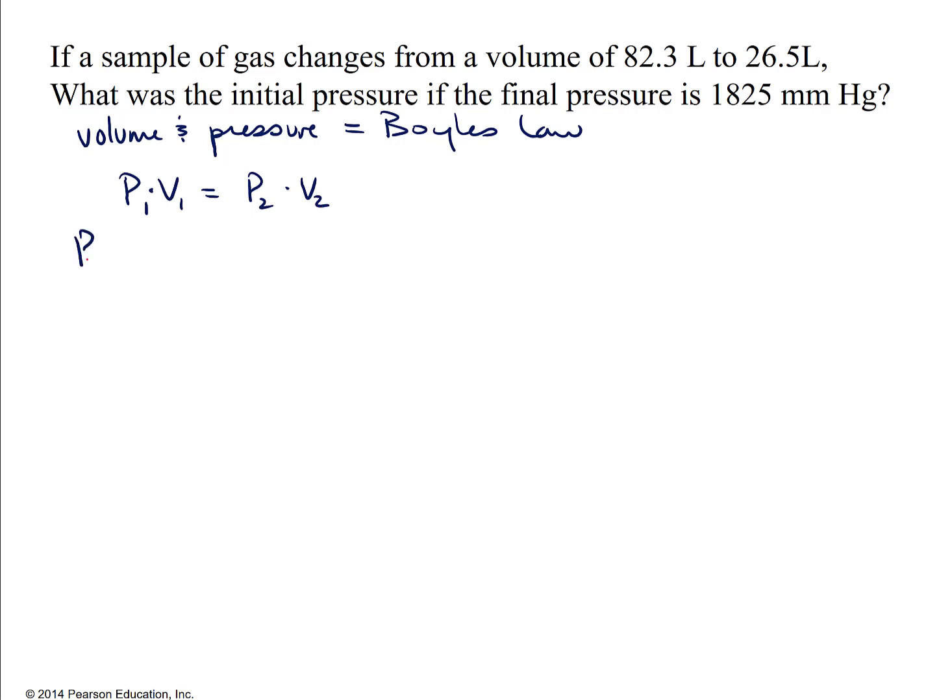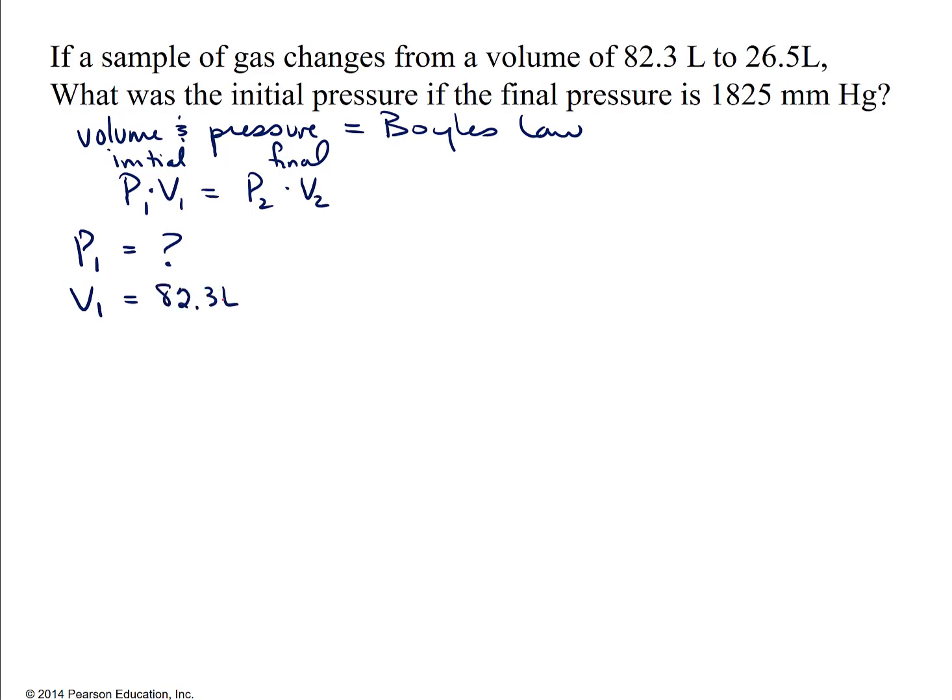So do you know P1? P1 would be this on this side is the initial, and this over on this side is final. So you don't. This is your question mark. Do you know V1? Okay, 82.3 liters, right?